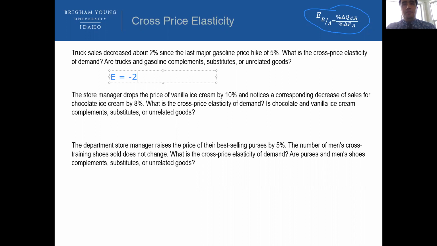So that's a -2% with a gasoline price hike of 5%. Okay, so with that, we have -2% divided by 5%. If we do the math, we get -0.4. And that's a negative value.